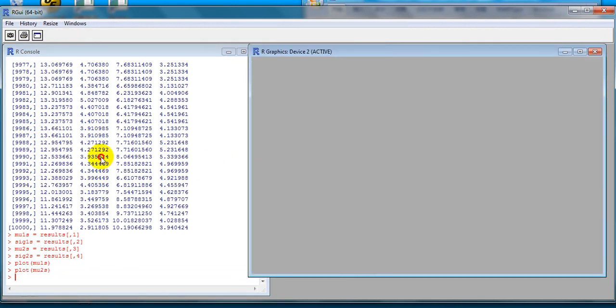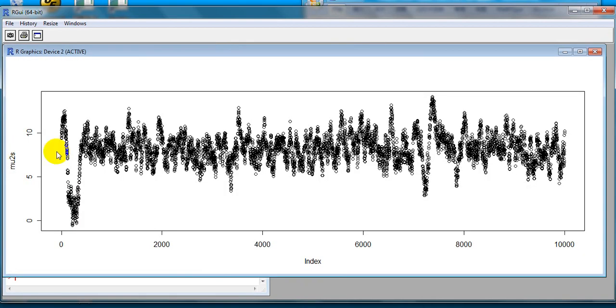For mu2, you can see at the beginning it's 10, but then it actually changed quite a bit, and then reversed, and then stable around something like 7, right? It's clearly not centered at 10.